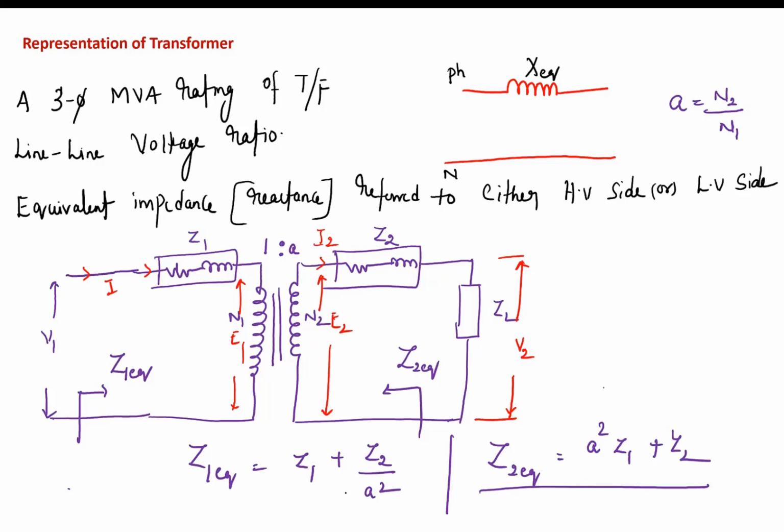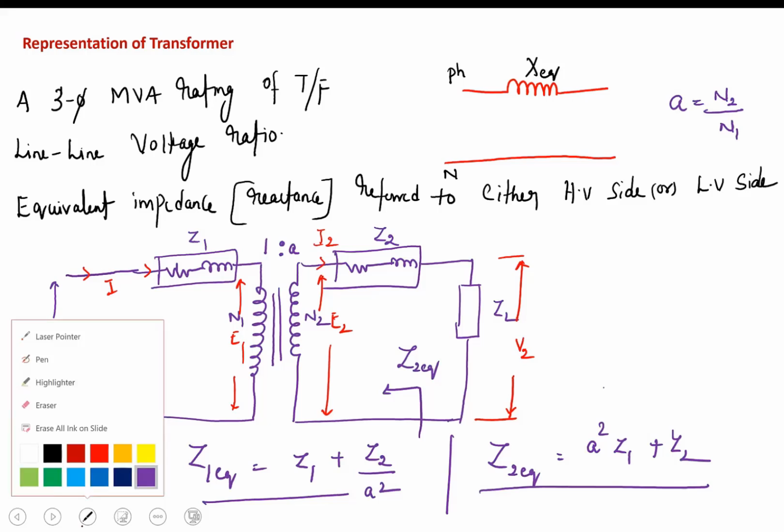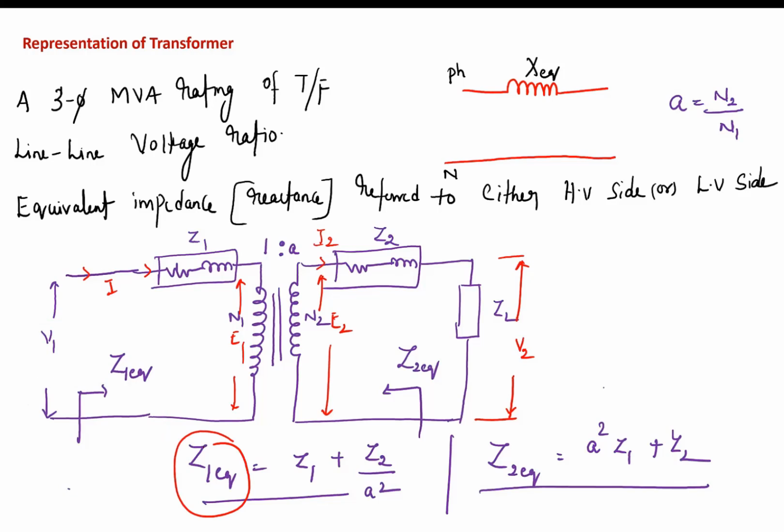So these are the equivalent impedances of the transformer with respect to either primary or secondary side, or in other words, referred to either HV side or LV side. In the power system analysis, they will mention either Z1 equivalent or Z2 equivalent in the data.